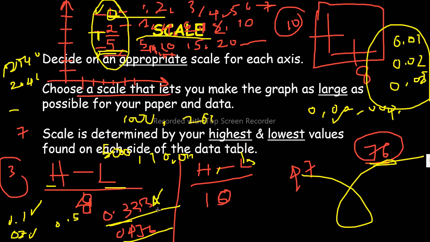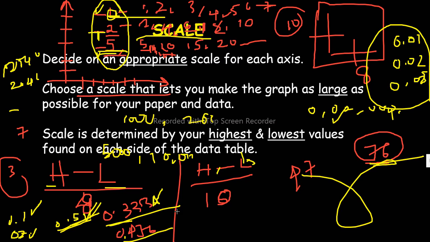We cannot use 0.2 as our scale. And 0.33 is just below 0.5. So therefore here we shall use 0.5. Similarly with 0.47, you will still use 0.5. Now if you use 0.5, you will write 0.5, then 1, 1.5, and the highest value will be covered.